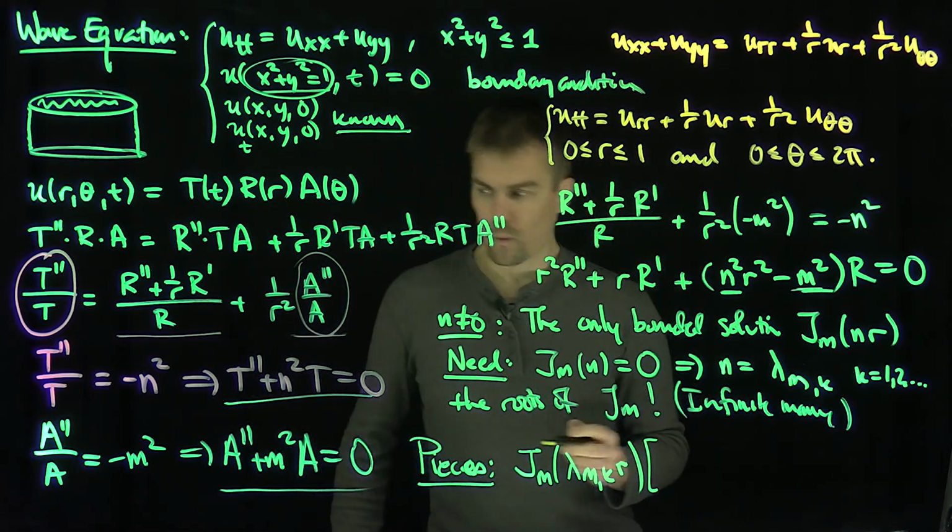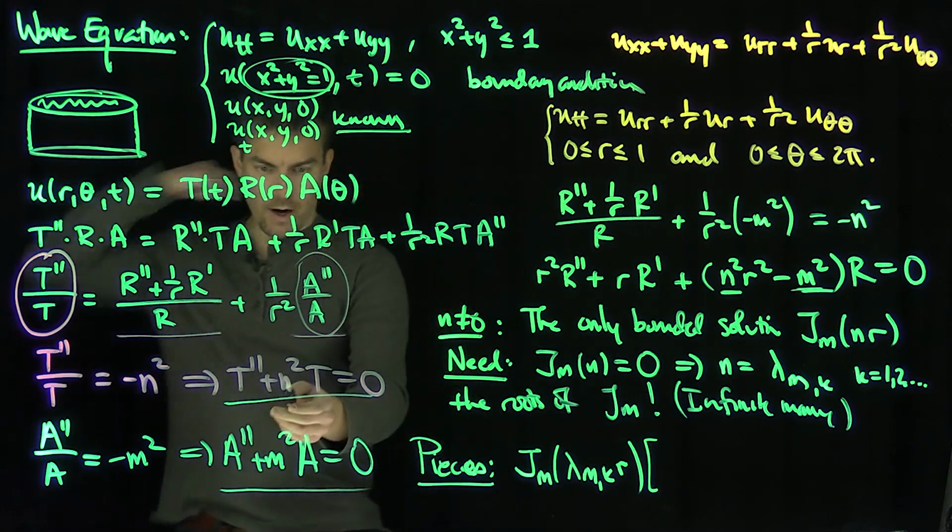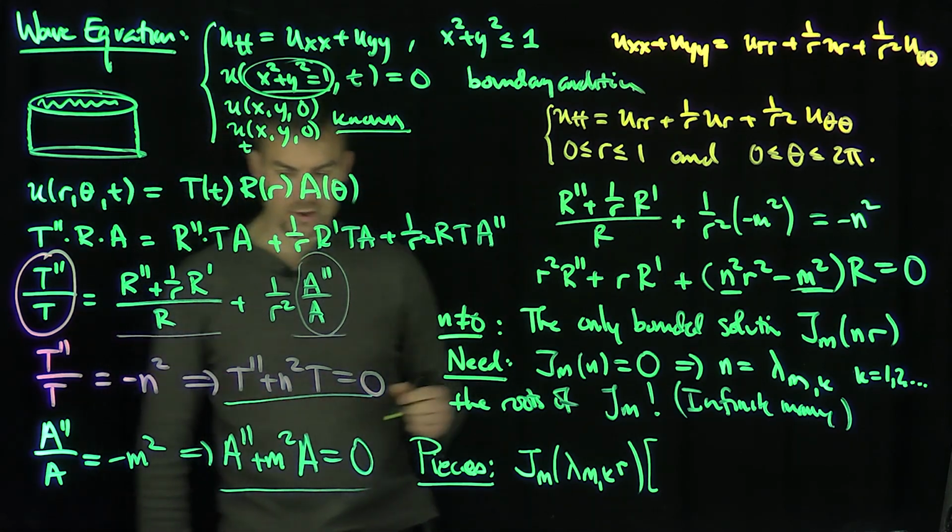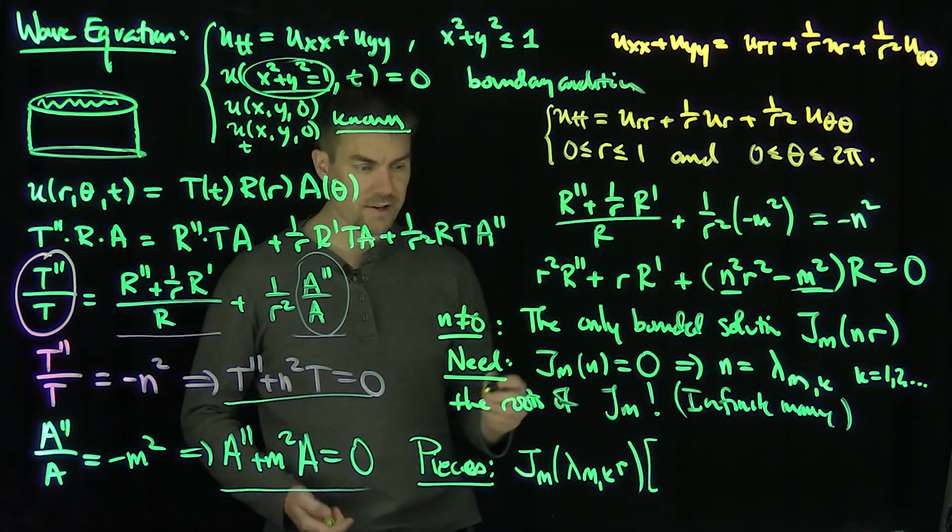Then we're going to have some constants over here. Of course, what are the angular solutions going to be? They're going to be cosine of m theta and sine of m theta.